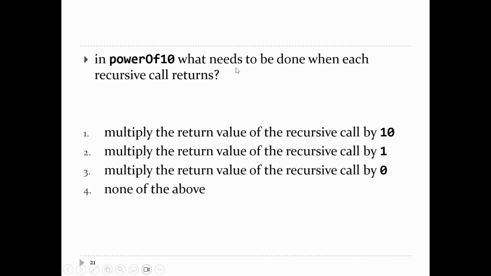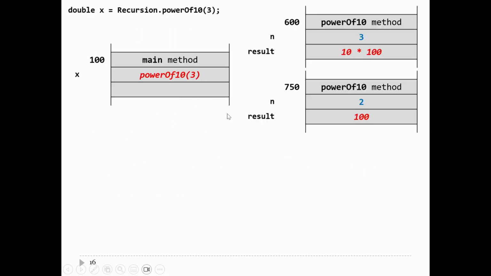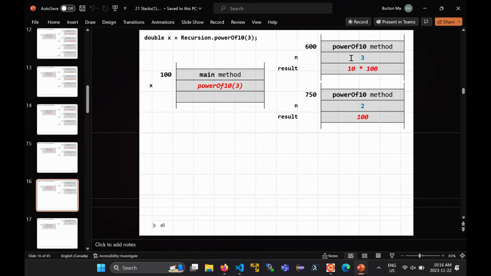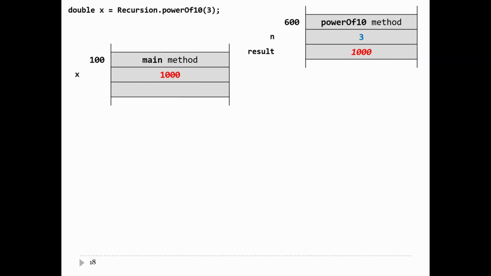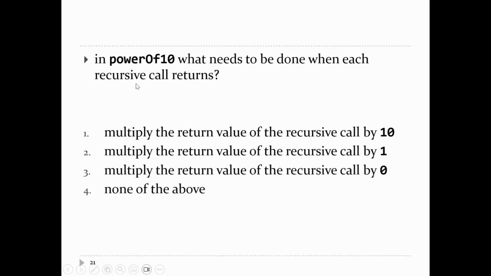So in power of 10, what do you need to do when each recursive call returns? So when that 100 returns, you need to multiply it by 10. Multiply the return value of the recursive call by 10.